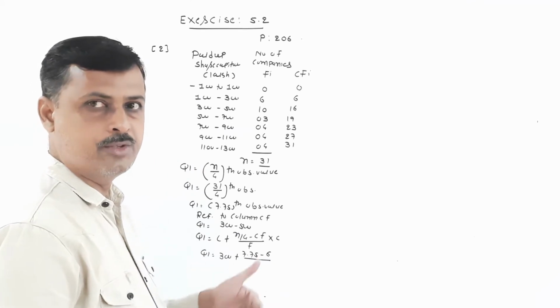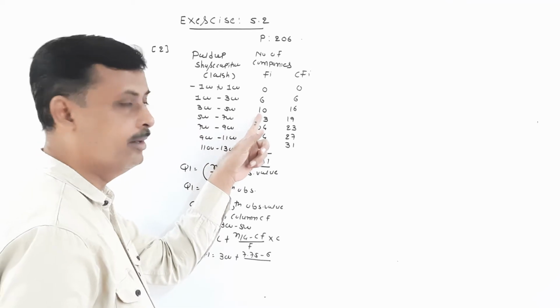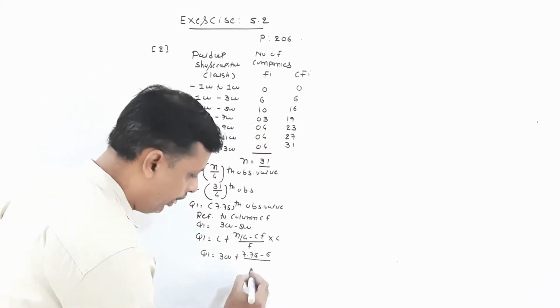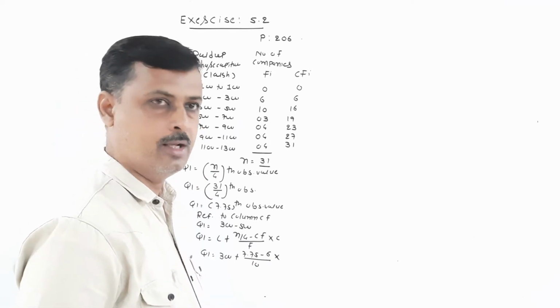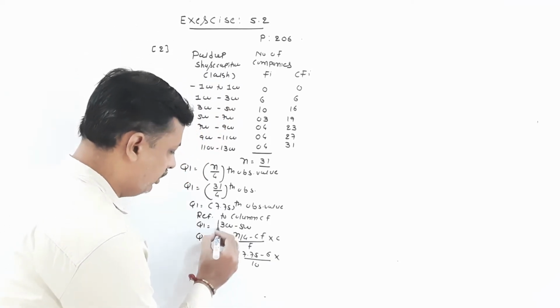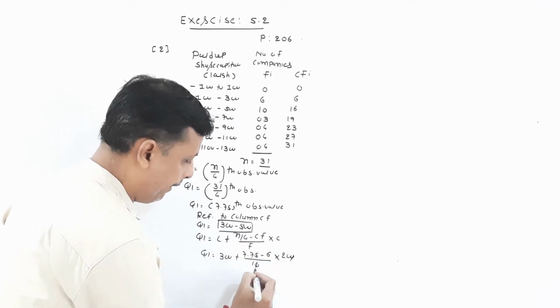F for frequency of Q1 class, 300 to 500, frequency that is 10, and C for class length, that is 200.